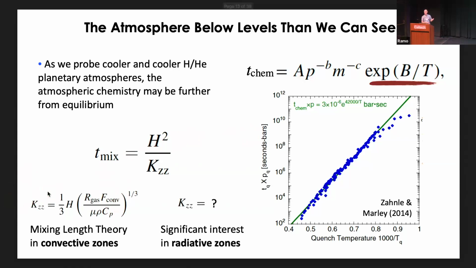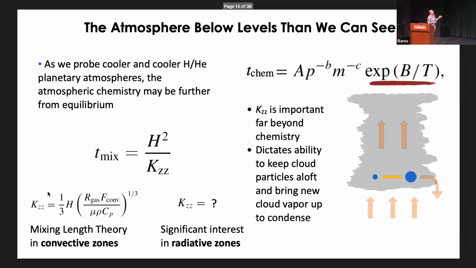And then in radiative zones, which can be important in a wide range of atmospheres, we really don't know what it is. And this is important not just because of chemistry, which might seem a little esoteric, but mixing processes have a huge impact on clouds. If you have strong mixing, strong updrafts, you can keep large particles aloft in the atmosphere. If you have very weak mixing, those updrafts aren't there and particles can sink down, and you can have maybe very tiny particles in the atmosphere.